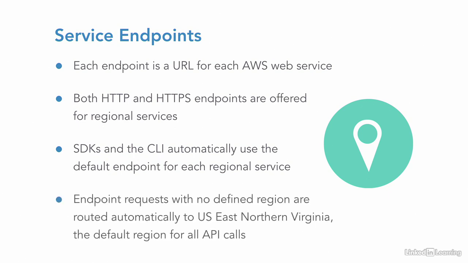If you don't define a request with a specific region, your requests are going to be routed to US East and Northern Virginia. And that's the default region for all API calls, but you can make changes to that.